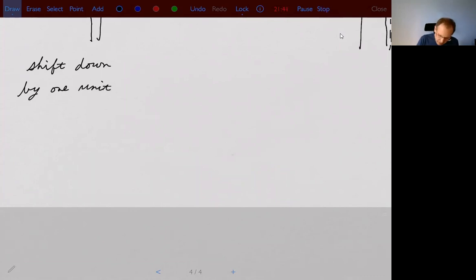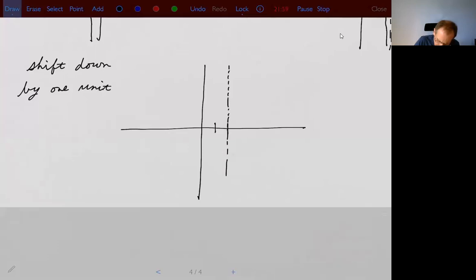So what does that look like? Well, it's going to be the previous graph, except now I have to shift it down by 1 unit.